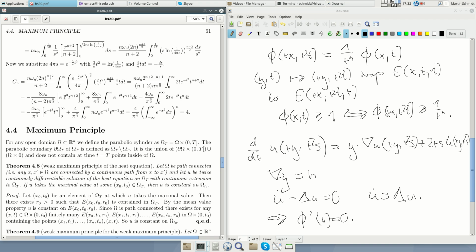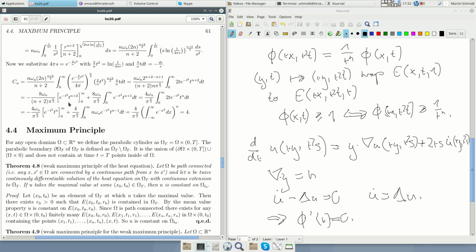So by partial integration, we calculate here this factor. This is 2 to the power of 3, this is 8. The n cancels with the n here, so 8 omega n, n plus 2, and pi to the power of n over 2. So with a minus, the antiderivative here is a minus of this function, times this.